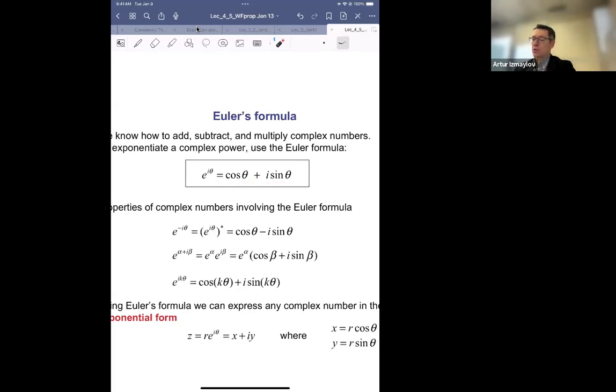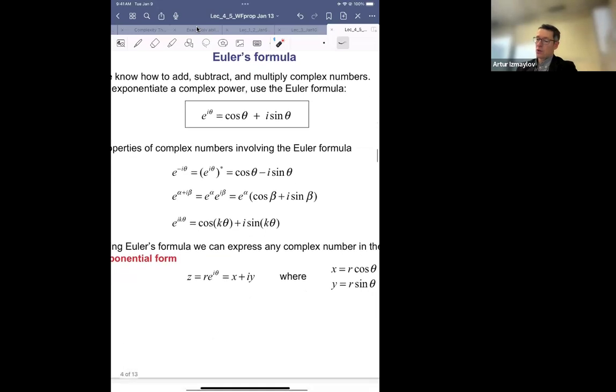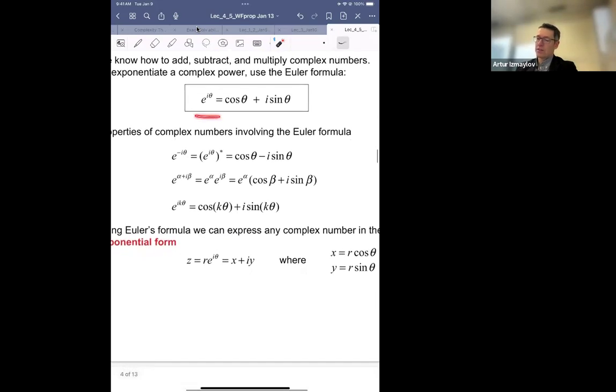And it's very useful because you could then express cosine and sine in terms of the exponents, right? Many trigonometric relations, like the product of two cosines or sum of two cosines, could be reformulated in terms of the exponential functions, which are easier to manipulate. Okay, so this earlier relation is going to be useful for us.